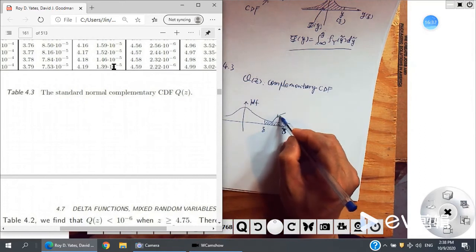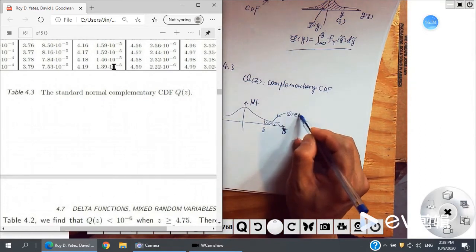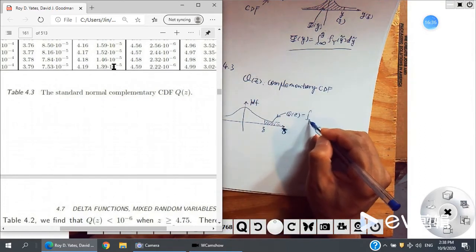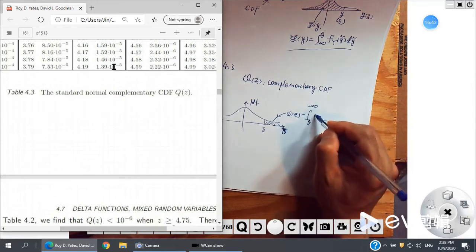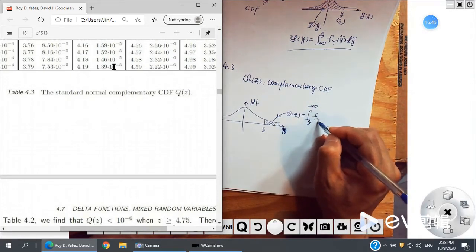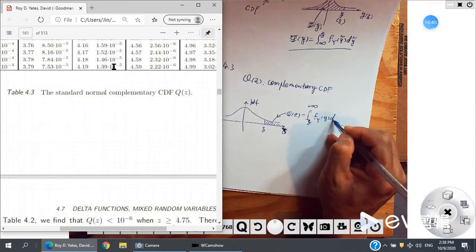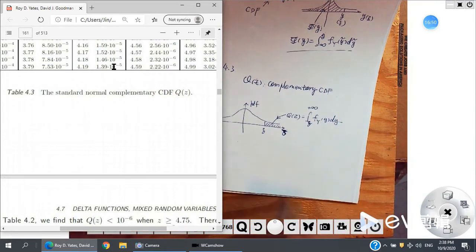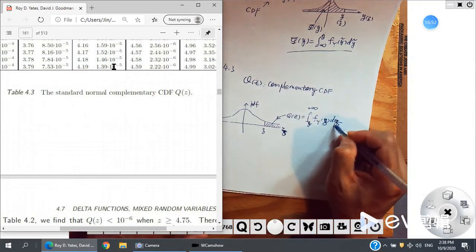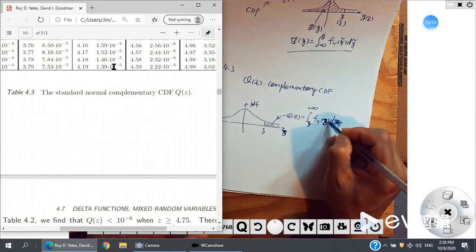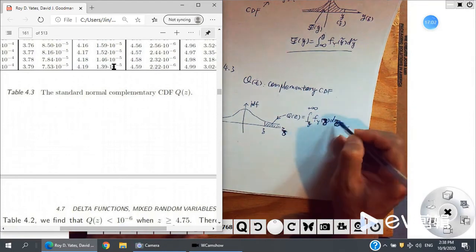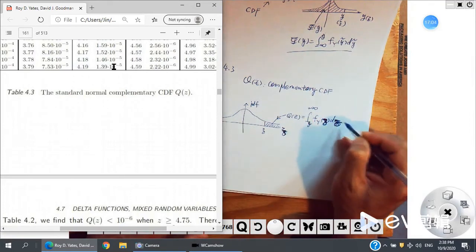This area is Q of z. It is from this z to positive infinity, the PDF f of y dy. Okay, this should use just one letter, just z.